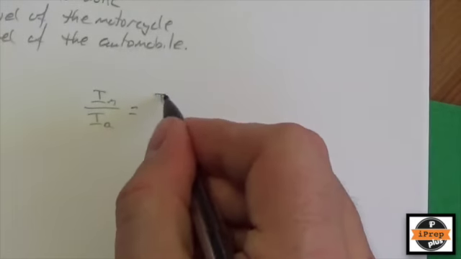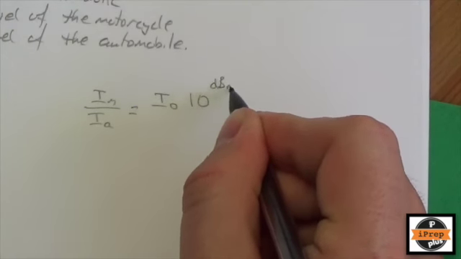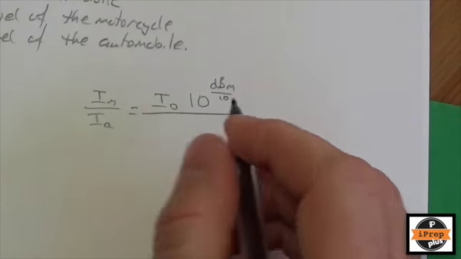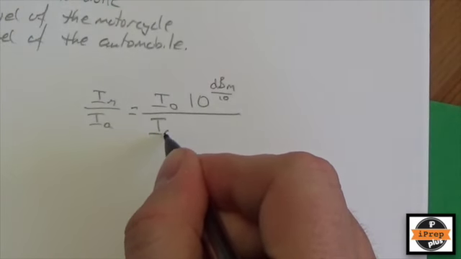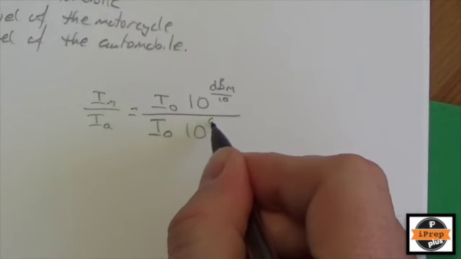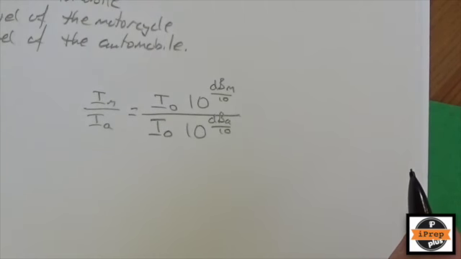That's the intensity of the motorcycle, and the intensity of the car will be the same thing: the reference intensity times 10 to the decibel level of the car over 10.